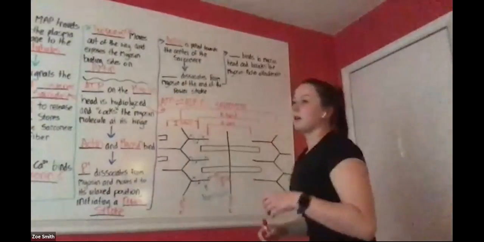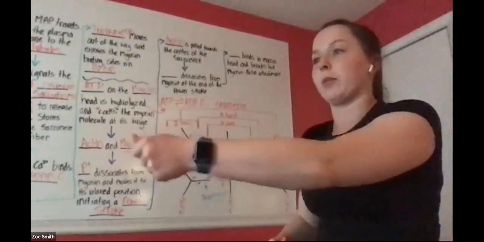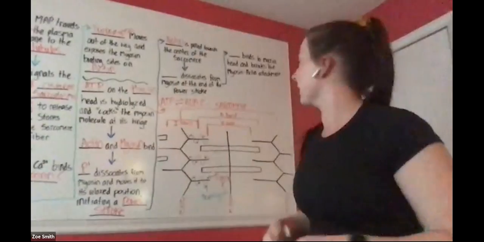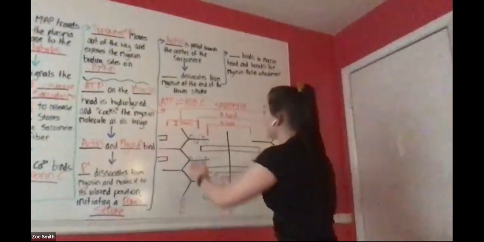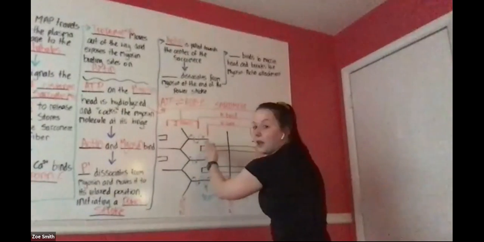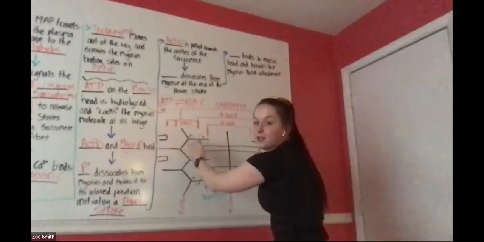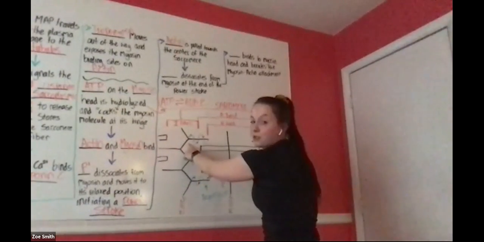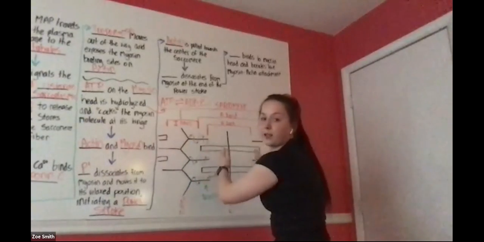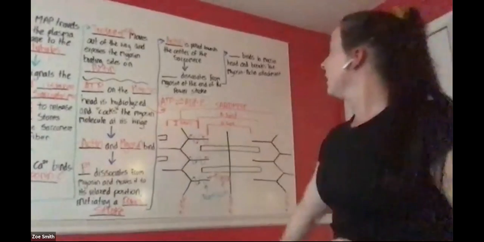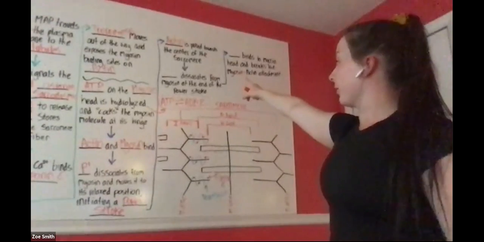It's kind of like when you're playing tug of war and you're pulling on a rope, that's what's happening. So the myosin heads are pulling on the actin closer to the M line, or pulling the Z discs, because that's what the actin is connected to, closer to the M line, and therefore shortening that sarcomere. So actin is pulled towards the center of the sarcomere.